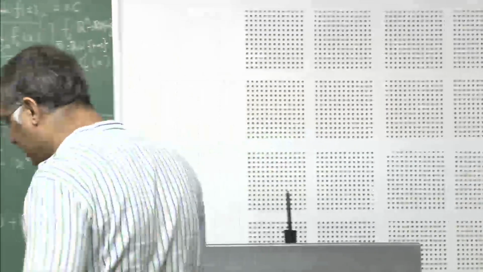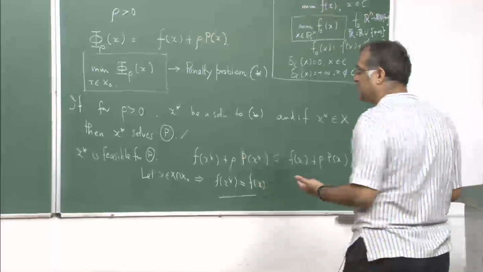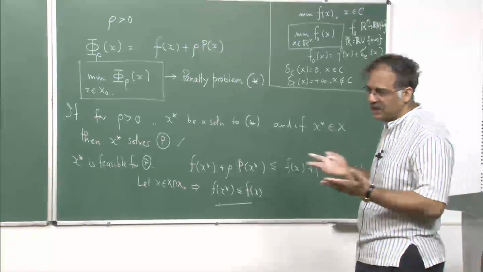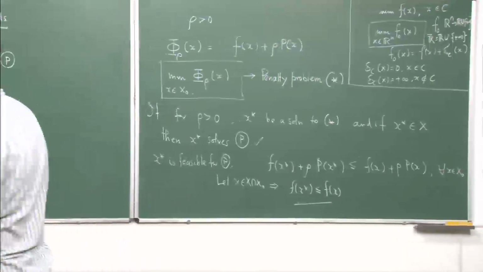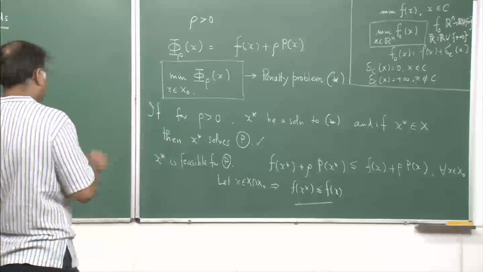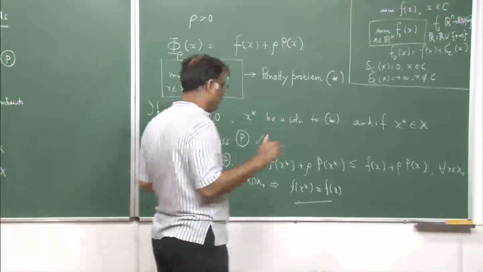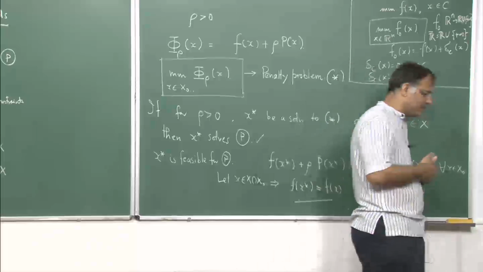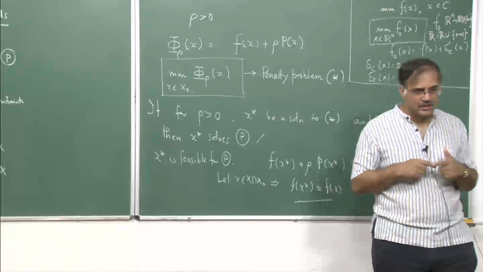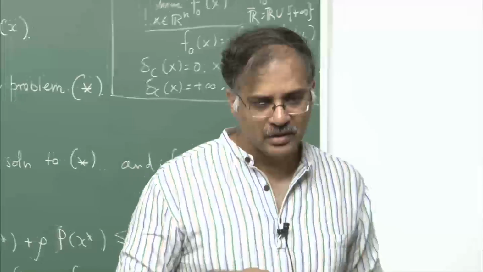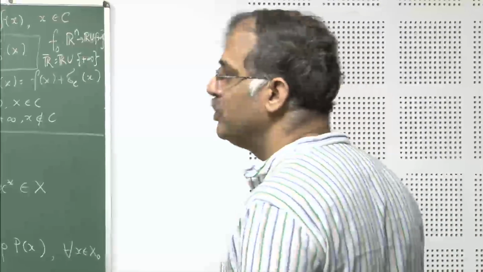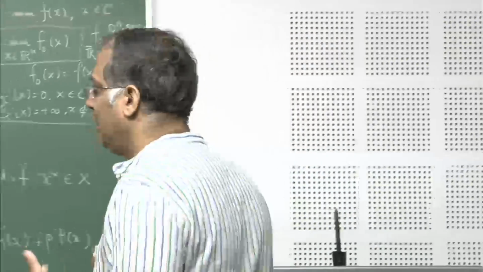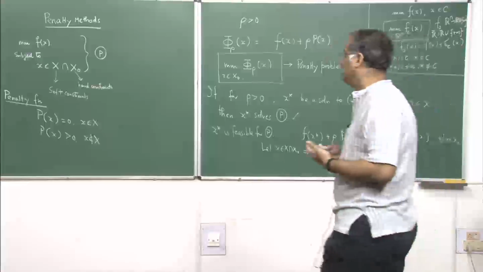I will suppose this sequence is bounded or at least has a convergent subsequence. Then the accumulation point of that subsequence is a solution to the original problem.